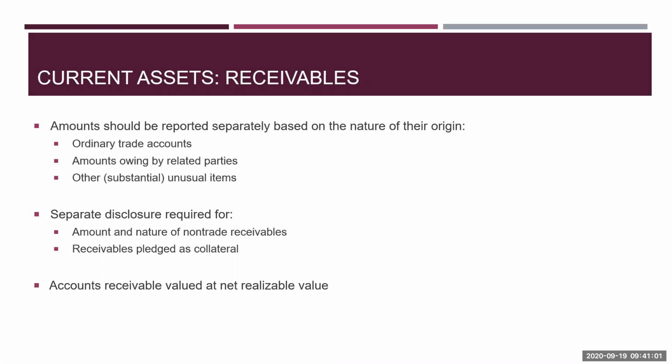Now, there will be a separate disclosure required if any of your accounts receivable are pledged as collateral. Generally they are accounts receivable, but if you have any other types of receivable that are pledged as collateral, then you will have to disclose that in the notes to your financial statements as well. The accounts receivable are always listed at net realizable value.